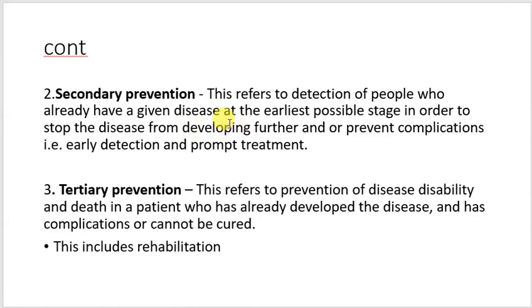That is what we do in secondary prevention. The last part is tertiary prevention. This refers to a patient who has already developed a disease. So we prevent disability or death in that patient. This includes rehabilitation.